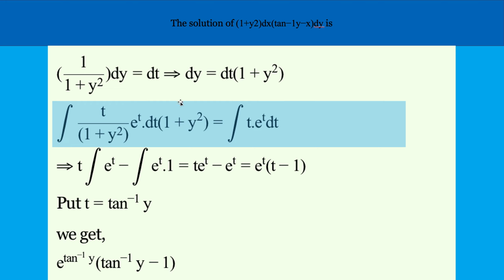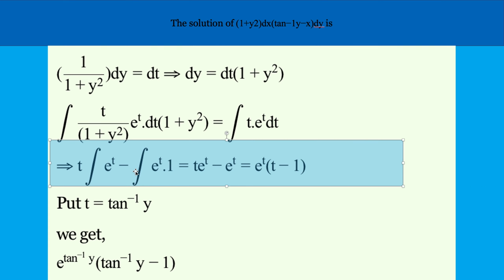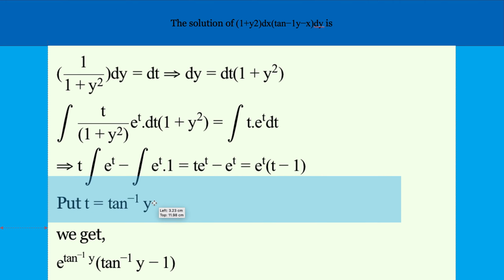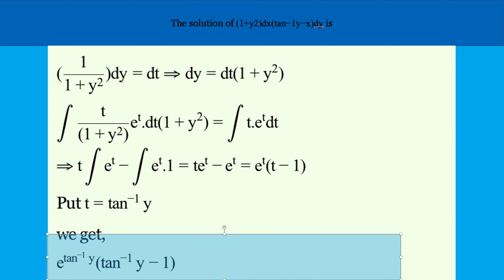So this will allow you to cut this 1 plus y square and leave you with only t into exponential raised to t, and then it's much easier to compute the integration. Then you just resubstitute the value and get your final equation.